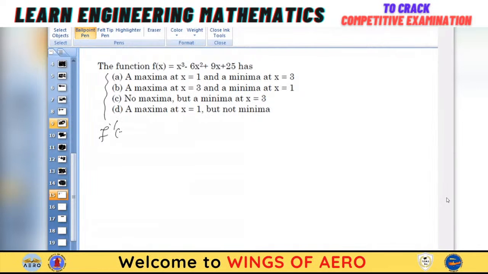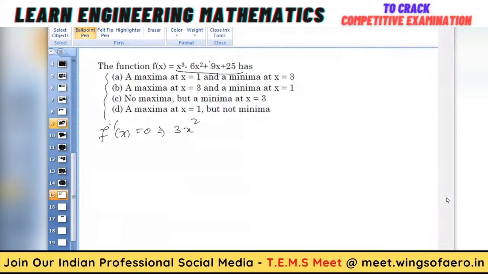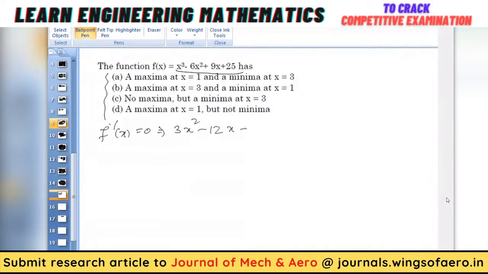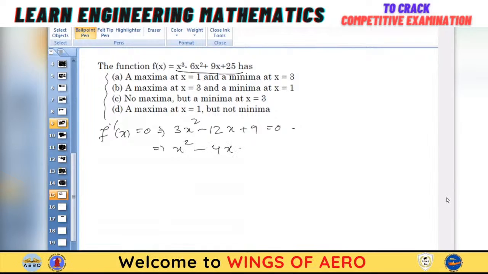First, f dash x equal to 0, where f(x) equals this function. If you take the derivative, it becomes 3x square minus 12x plus 9 equal to 0. Okay, if I take 3 common, x square minus 4x plus 3 is equal to 0.